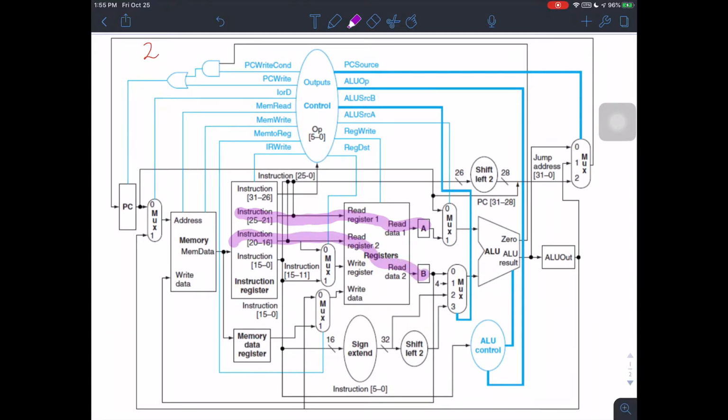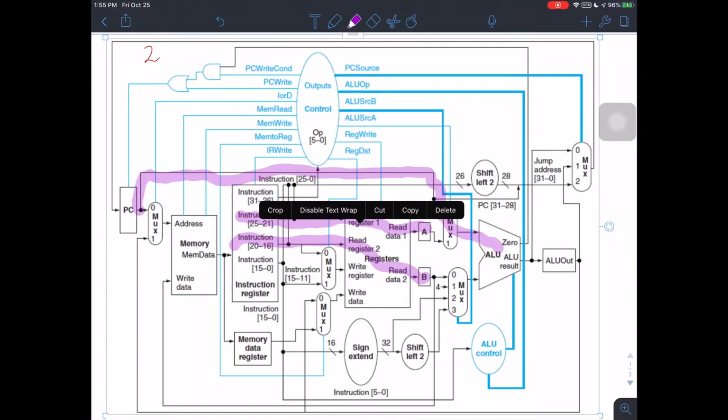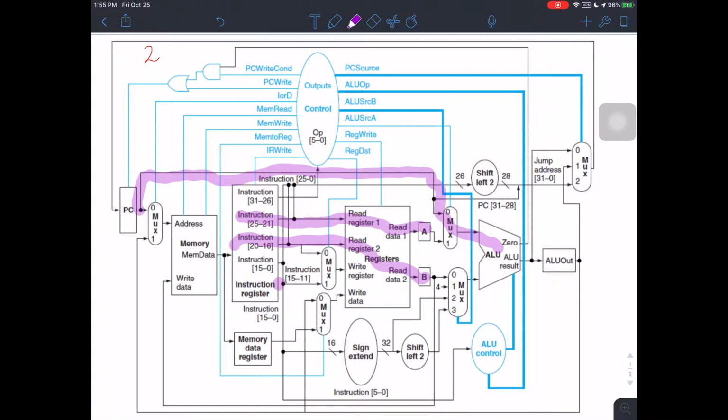Then the branch address is calculated by sending the already incremented PC back to the ALU, as well as the offset, the immediate value with the sign extend and shift left by 2. Also in this step, the opcode is decoded.